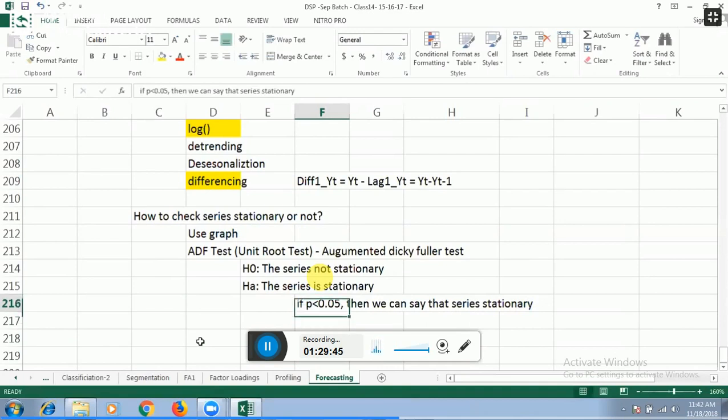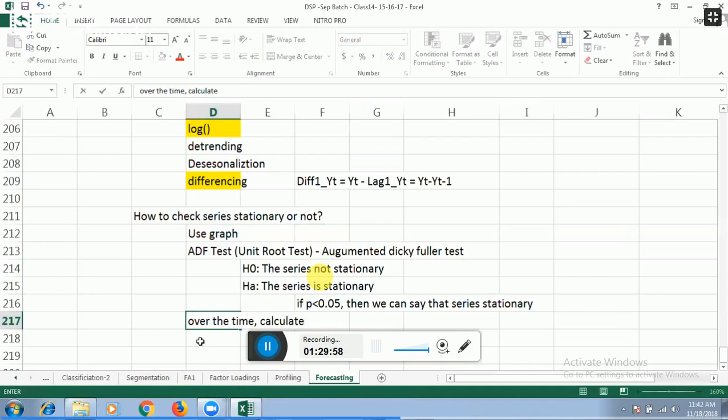This is another approach to identify whether the series is stationary or not. Or, over time, calculate the average and variance and compare whether they are similar or not.